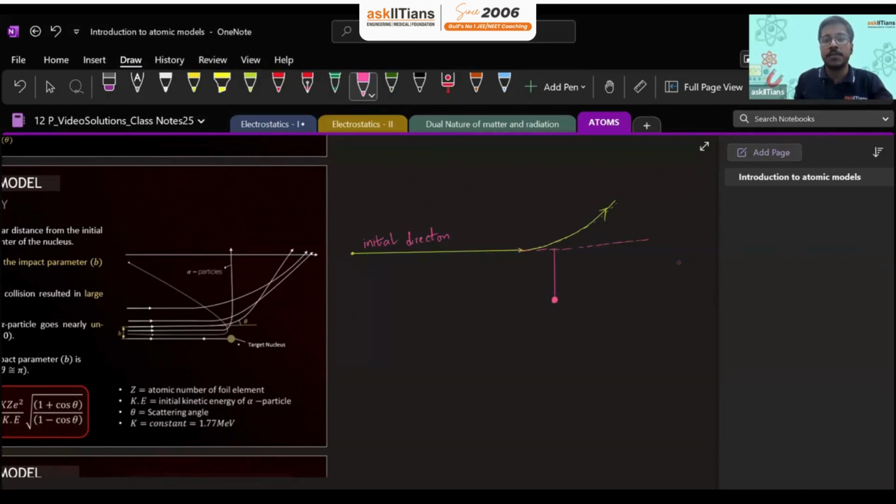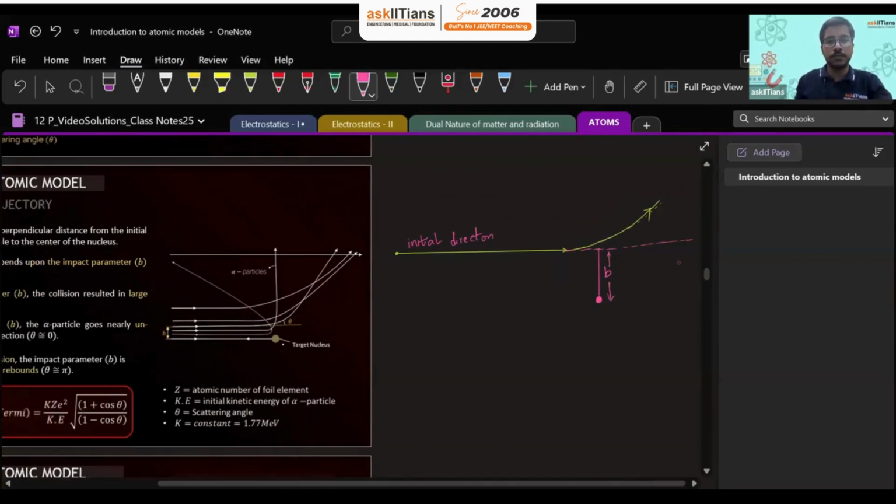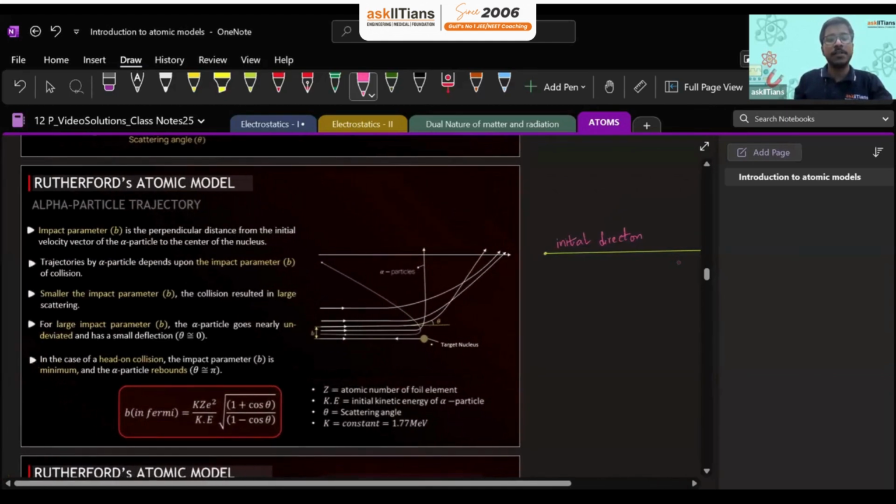This perpendicular distance is called the impact parameter b. So what is impact parameter? It's the perpendicular distance from the initial velocity vector of the alpha particle to the center of the nucleus.